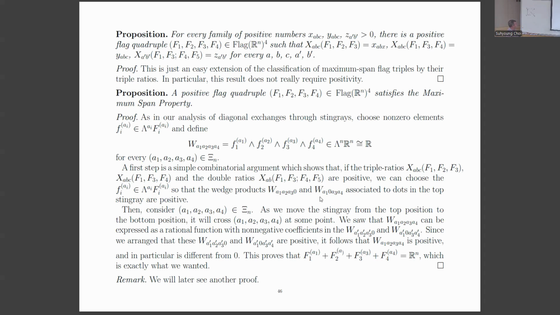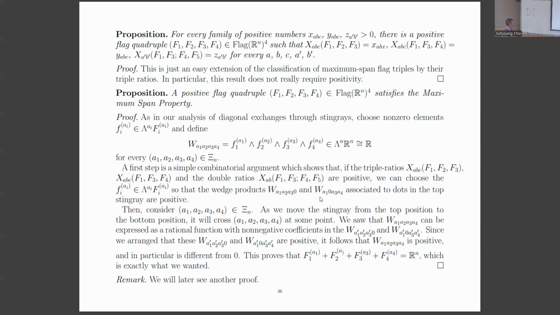Namely, for a flag quadruple, you have essentially two families of triple ratios and another family of double ratios, and they can be any positive numbers. For the triple ratios, you need the hard work of the snakes. For the double ratios, on the other hand, it's much easier, just a little simple argument using diagonal matrices.